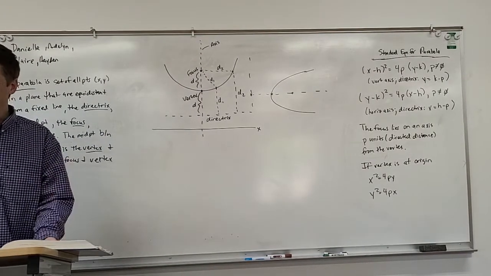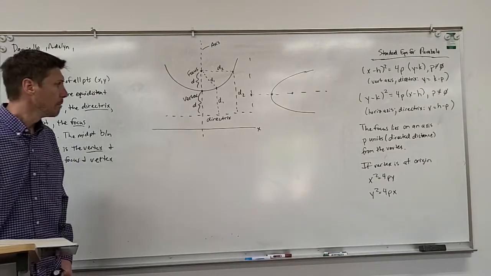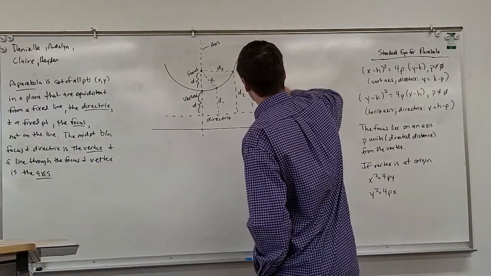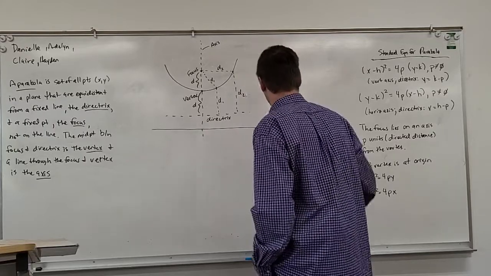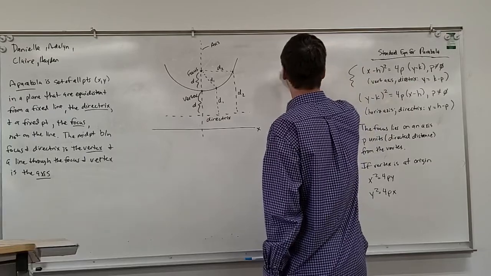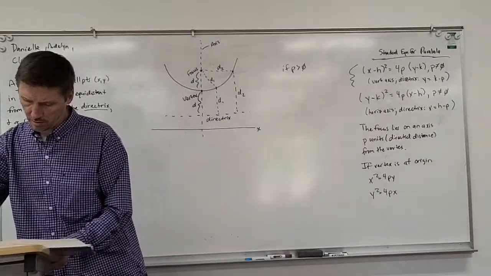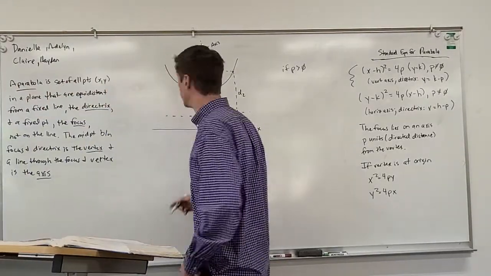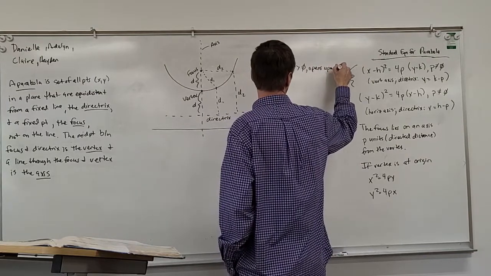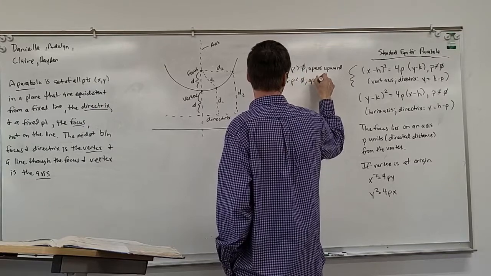The whole idea with a directed distance, you can see with the p: if p is greater than 0, then it opens upward. If p is less than 0, it opens downward.